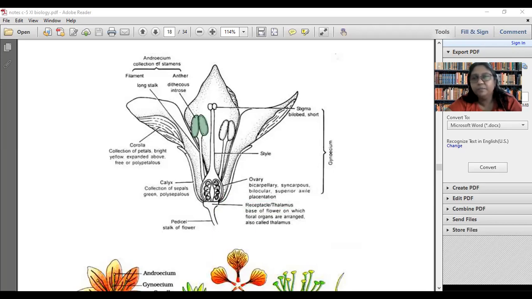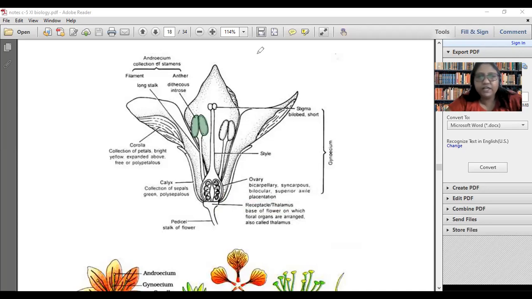Pollen grain is the male gametophyte which produce the gametes inside. Okay. Again, I am repeating, many a times this mistake is made by people that pollen grain is the gamete. It is not gamete. Pollen grain is the male gametophyte.